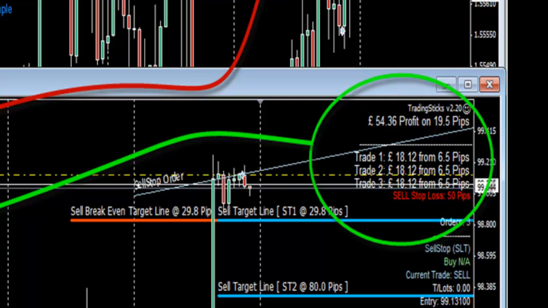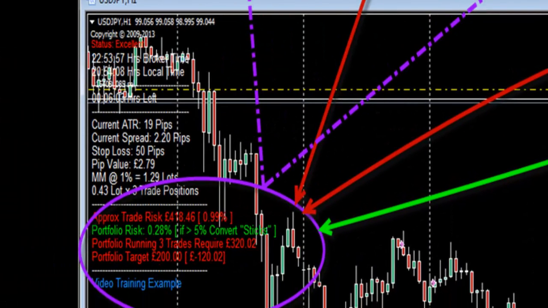Now if we actually add all of those numbers together, what we'll come up with is a negative profit of £120.02. So we set our portfolio target to £200 for this particular portfolio trade, and we are currently losing £120.02 more than we started with.